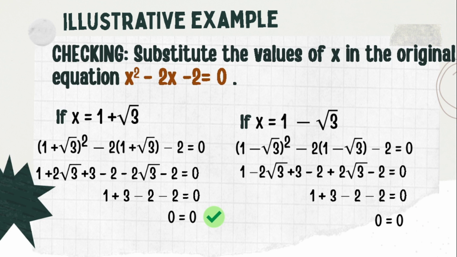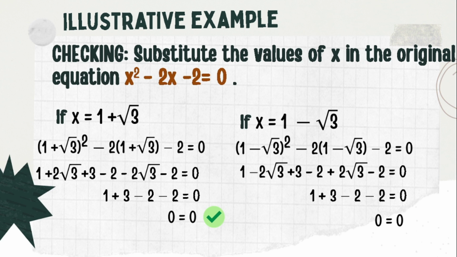The other one, x is equal to 1 minus square root of 3. So we have the quantity of 1 minus square root of 3 squared minus 2 times the quantity of 1 minus square root of 3 minus 2 is equal to 0. Applying the square of binomial will give you 1 minus 2 square root of 3 plus 3 minus 2 plus 2 square root of 3 minus 2 is equal to 0.